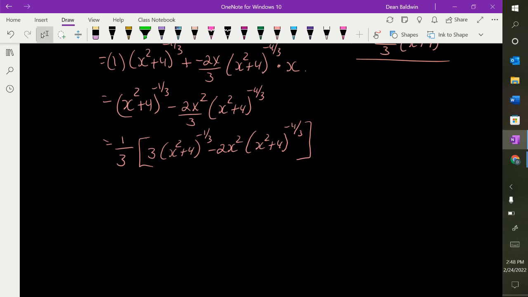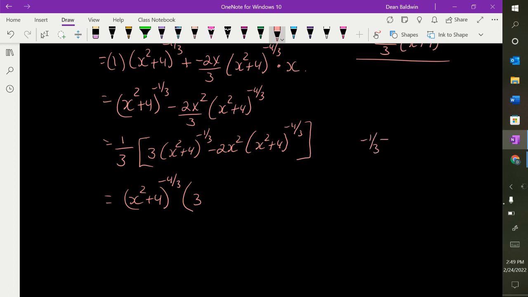All right, so the next common factor that comes out is x squared plus 4, but to what power? Remember, we take out the smallest power, which is negative 4/3. So that means x squared plus 4 to the negative 4/3. There's a 3 in there. Now, subtract the exponents.